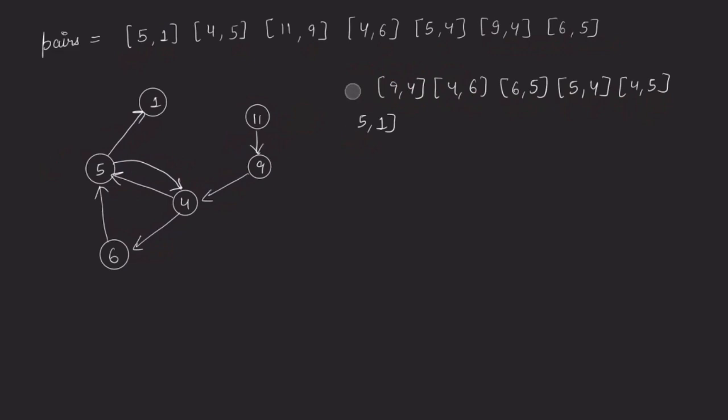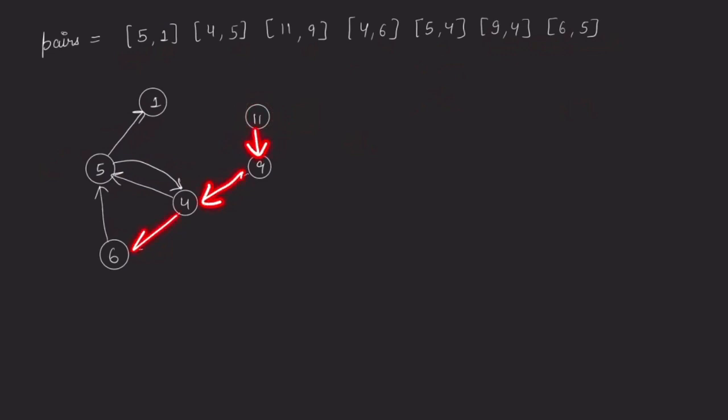So let me remove this. What we did was pick the starting node and traverse the graph. Our traversal was 11 to 9, 9 to 4, 4 to 6, 6 to 5, 5 to 4, 4 to 5 and then towards 1. In this traversal, we traversed each edge exactly once. Such a path in a graph is known as an Eulerian path.